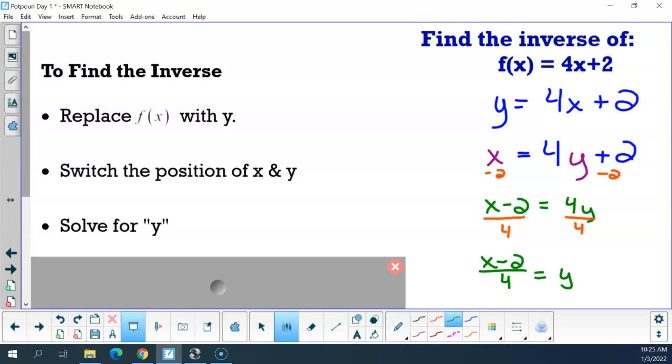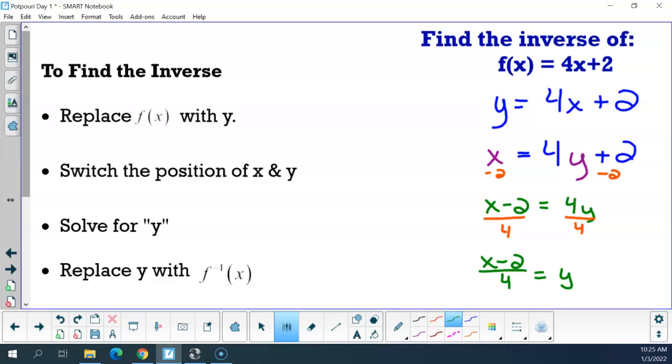The last step, because we said that was going to be a 4-step process, is now that we've done that, we can take y away and put it back into function notation. But now instead of f of x, because it's not f of x, it's the inverse of f.